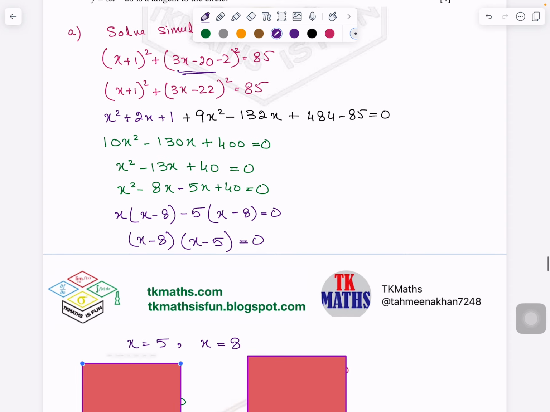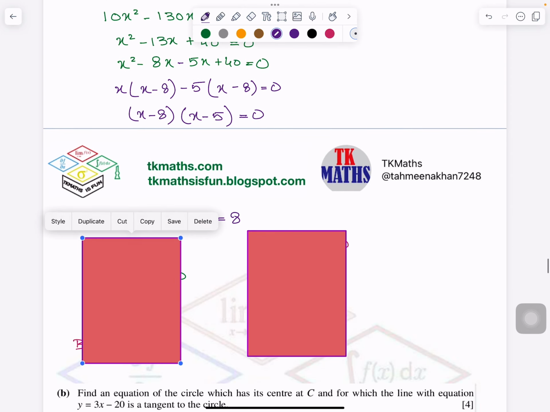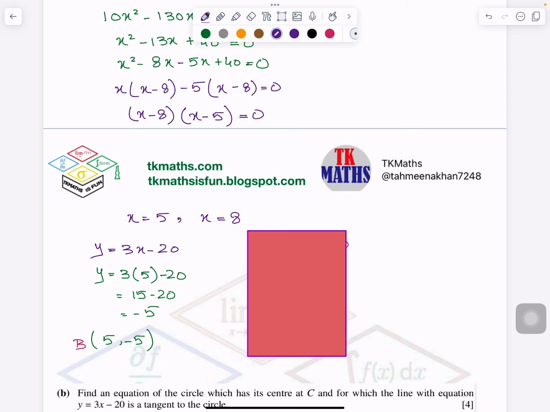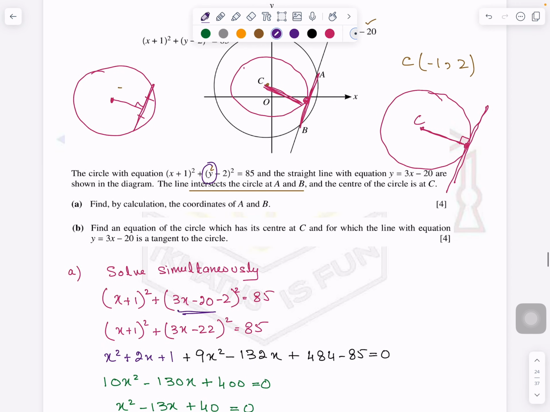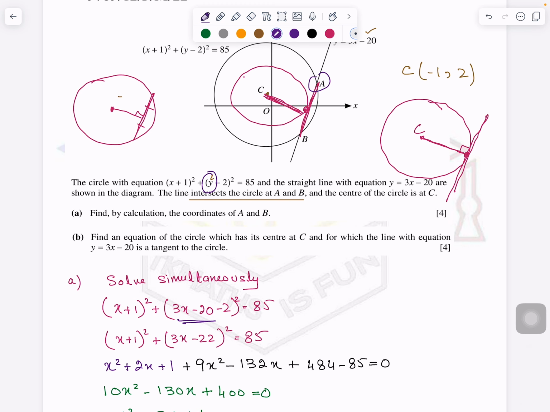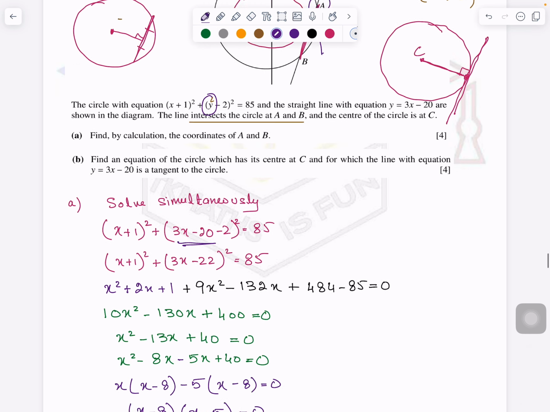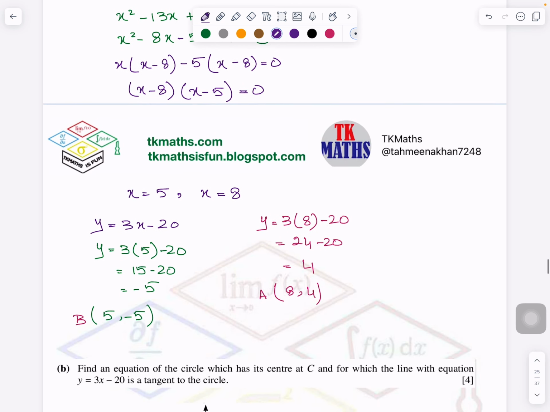So I will plug this into the equation of the circle or the equation of the line. The line is easy to calculate, so I'm plugging in here. So I got the 2 points. Because in the diagram point A was coming afterwards, I said A should be represented by the bigger x.